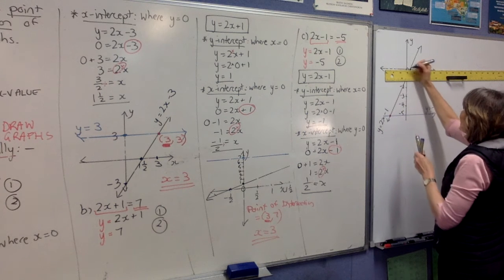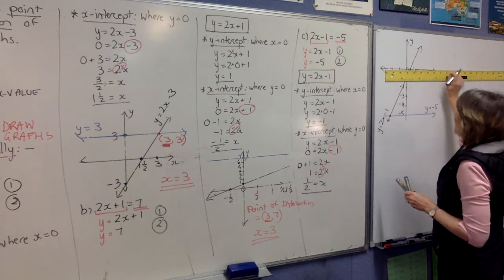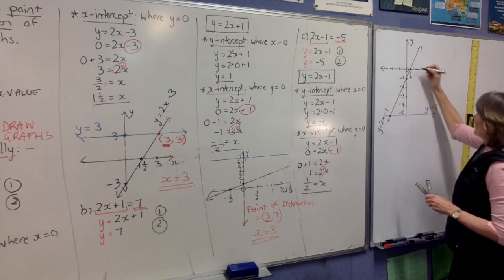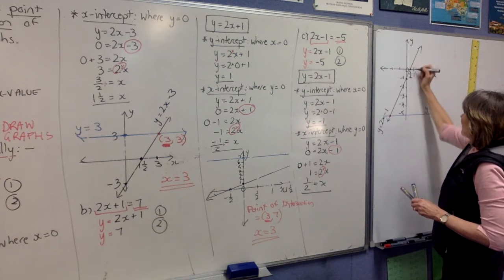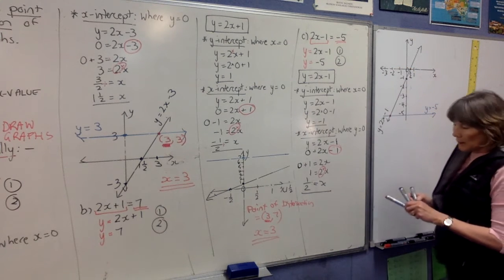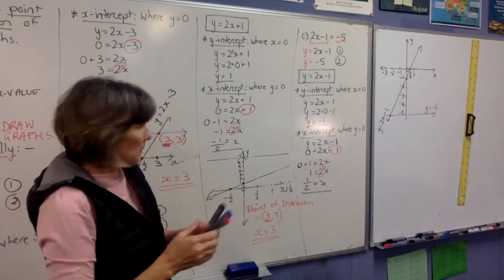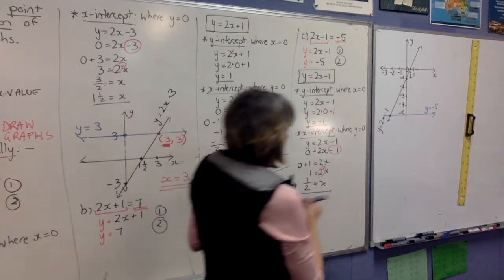So I'm going to keep to the scale I was on. Okay, so this was a 1. That's -1, -2, -3. All right, so we're going to read off the point of intersection. You'll be able to do this much better because you've got a grid book to work with.